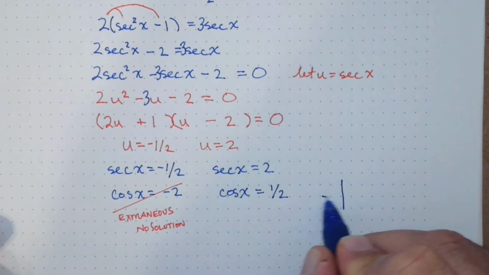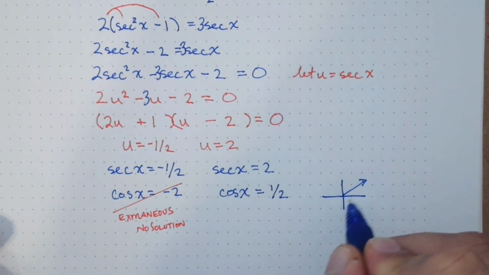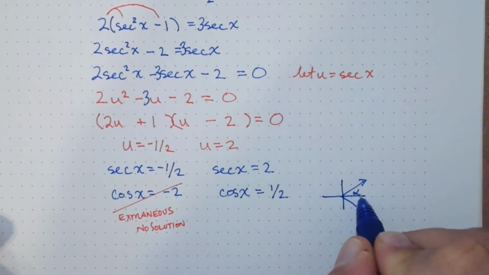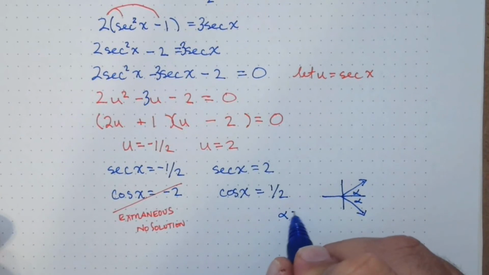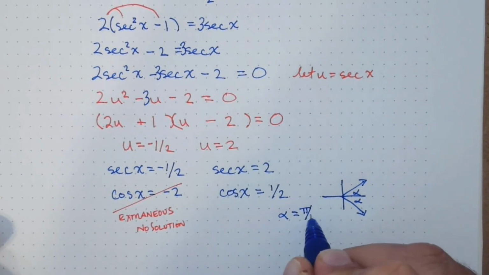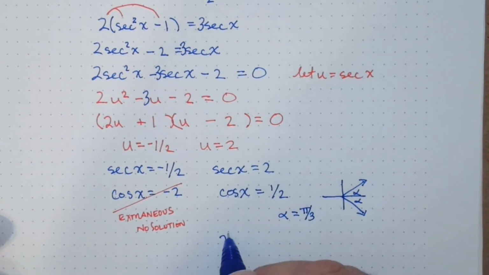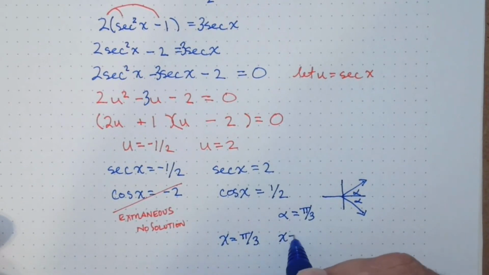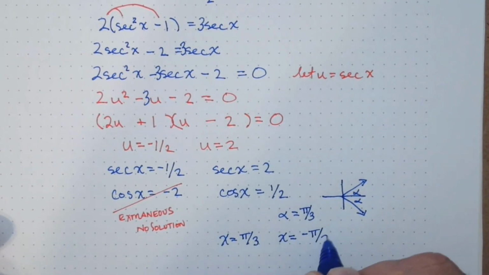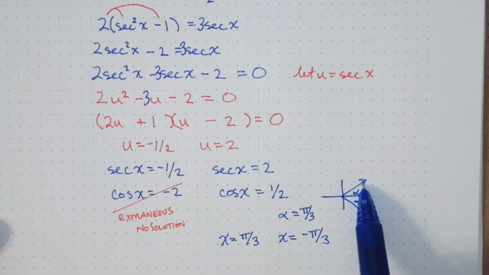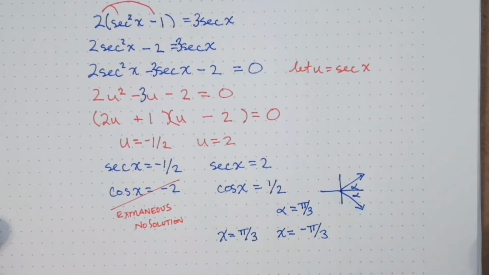If I consider the quadrants where cosine is positive, my reference angle is pi over 3. So x is going to be pi over 3, or x is going to be negative pi over 3. Positive up here, negative down there.